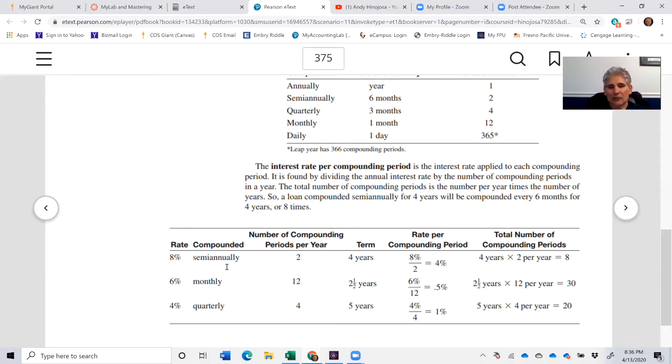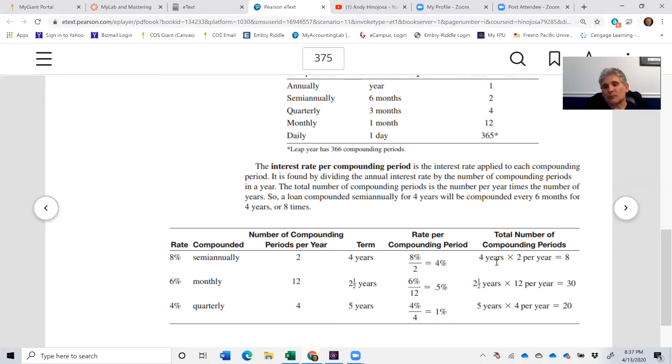Well, it's semi-annually, so we're going to take that rate, 8%, and we're going to divide it by 2. So even though it's an annual rate of 8%, the rate per period is 4%. After we've got the new rate per period, we then need to convert the term from years to number of periods. There's 4 years in this investment, but there's 2 periods per year.